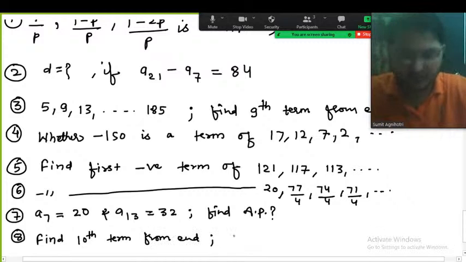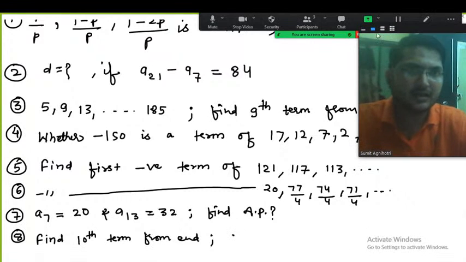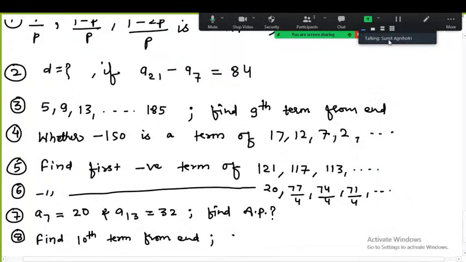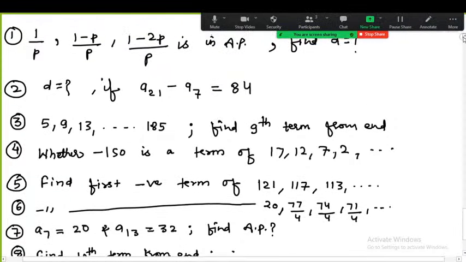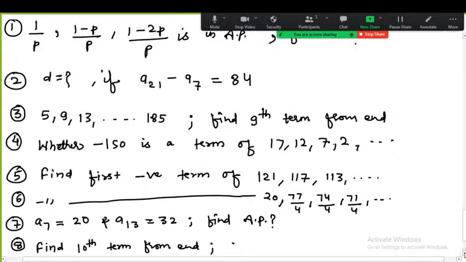And the AP looks like this. I'm writing the AP for you. I've asked you to figure out the 10th term from the end, and the AP is 4, 9, 14, and so on, going up to 254.